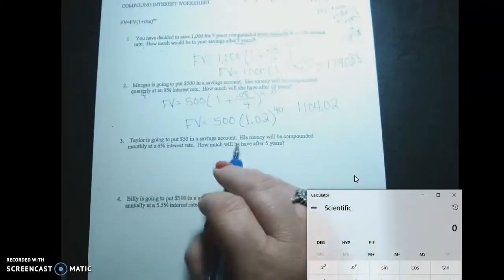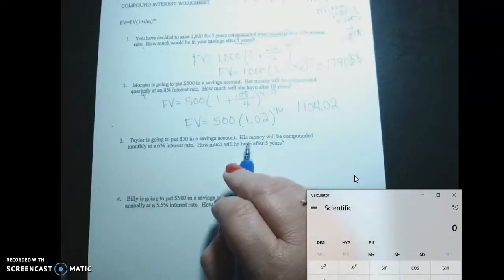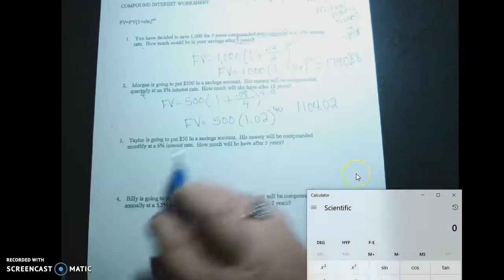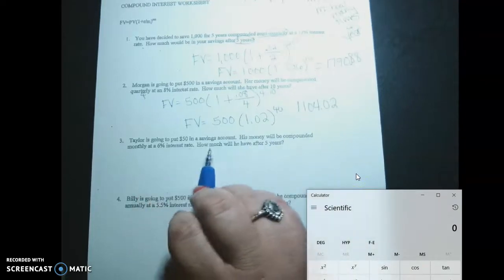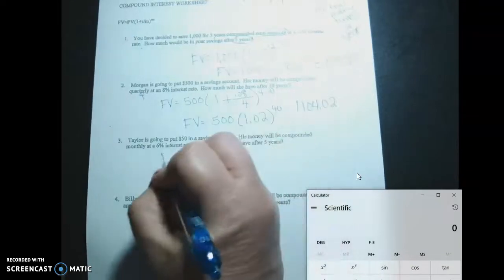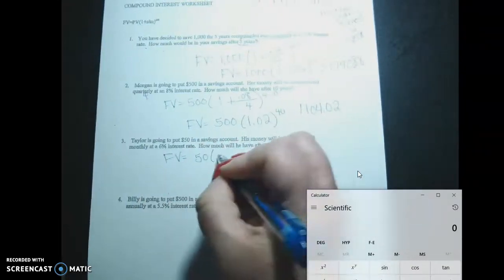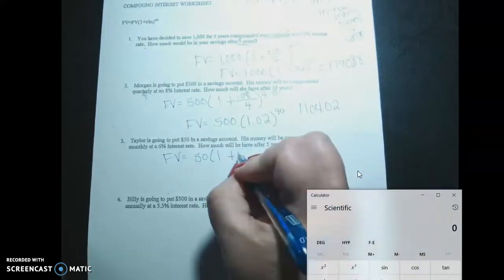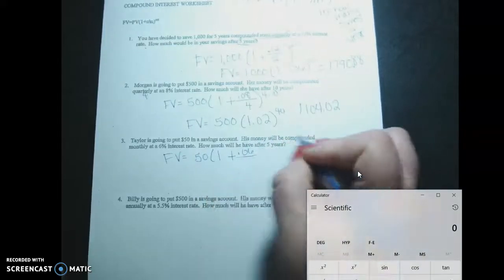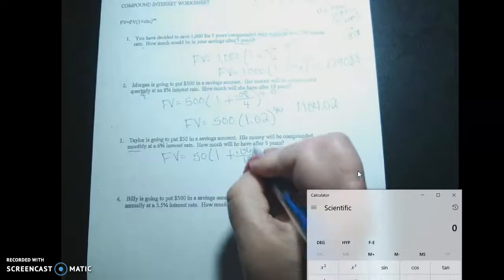Taylor is going to put 50 in her savings. His money will be compounded monthly at 6%. How much will he have after 5 years? Future value is equal to, he put 50 in for present value, 1 plus the rate, 0.06. It's compounded monthly, which is 12.